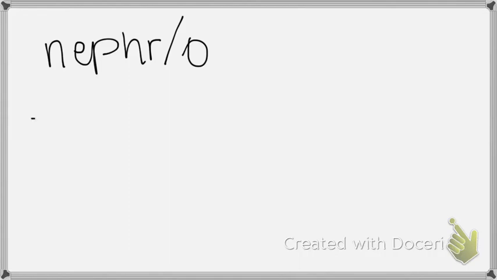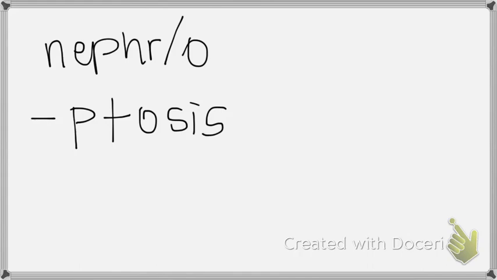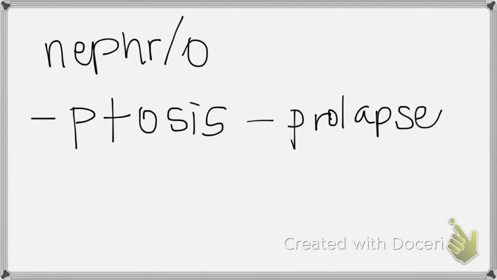Okay, 6.14 tells you that ptosis is a condition that means prolapse or displacement. So prolapse, it has fallen. So remember that, because we are going to prolapse every organ for the rest of the semester, or displace. Nephroptosis is how you pronounce that word.